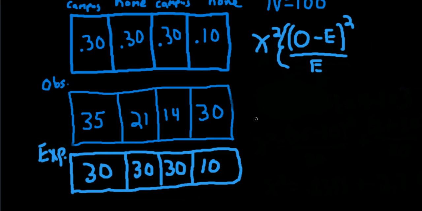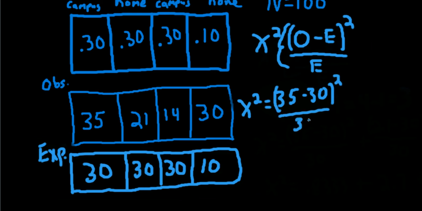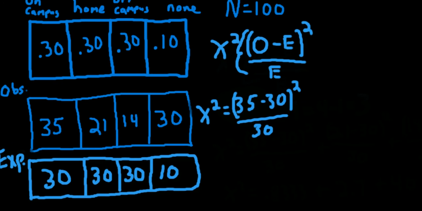So now we can go ahead and compute the chi-square value for this test. So we have 35 minus 30, so observed minus expected, squared, and divide by the expected value, which is 30. Do the same for the next cell.